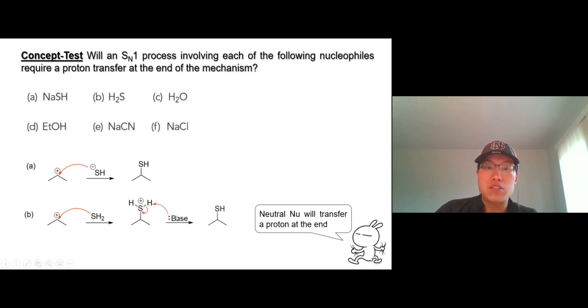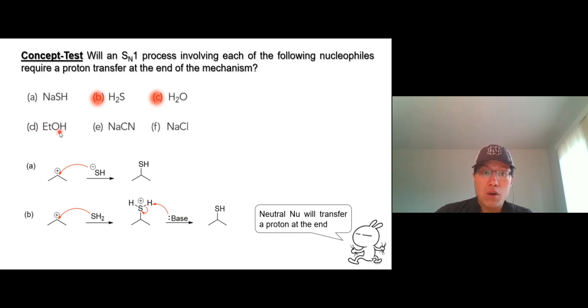The base anywhere in the solution will come grab a proton right away. Okay, so who else requires proton transfer at the end? C for sure. If you start with water, if water attacks, you're going to get something that looks like hydronium ion, which looks just like this with the oxygen in the middle, and you know that's a strong acid. Will require another additional step of proton transfer.